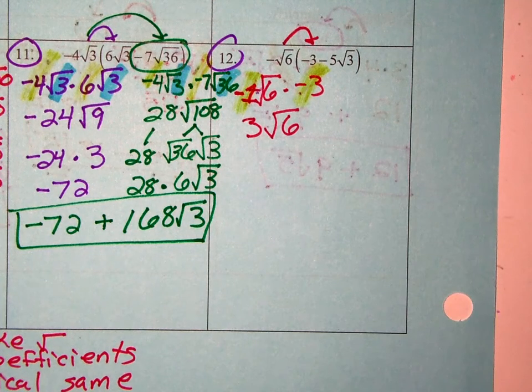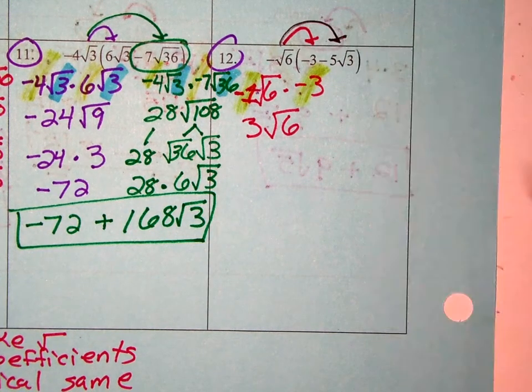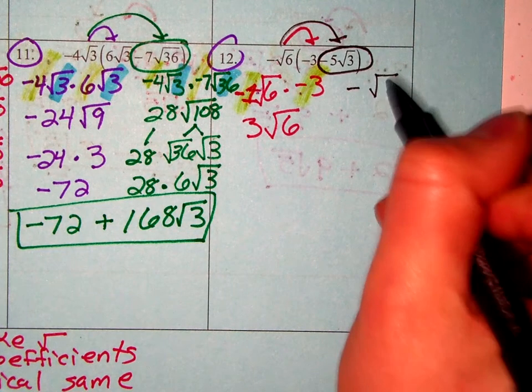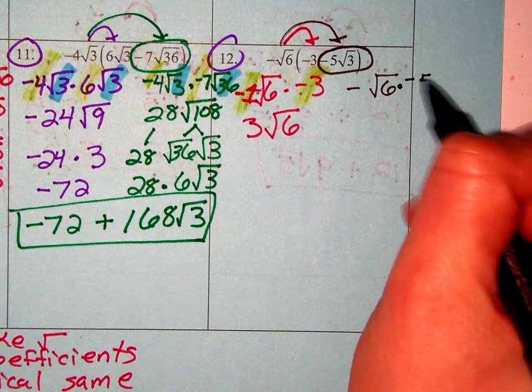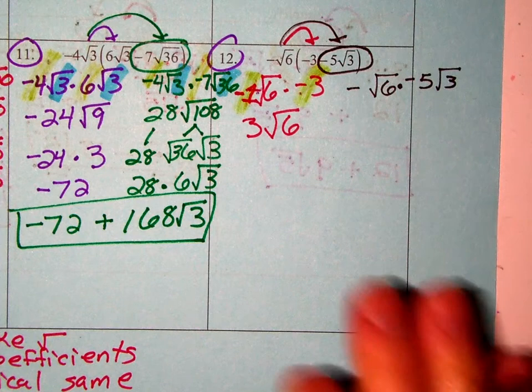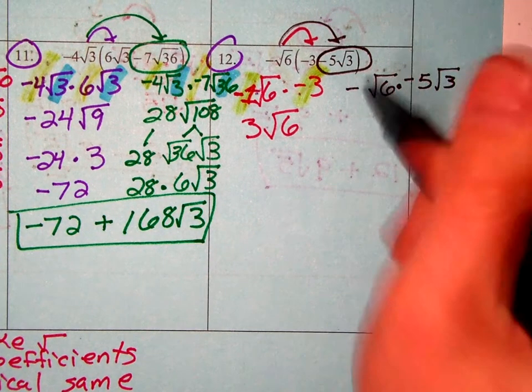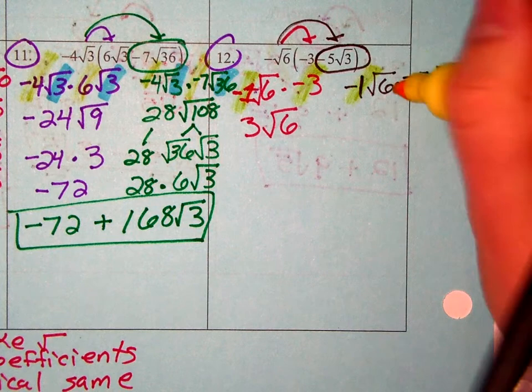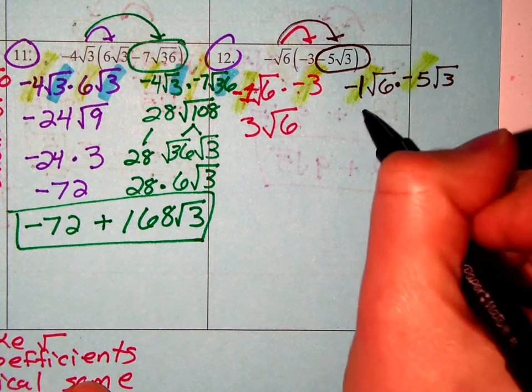Then we need to multiply and distribute to the last piece, so we're doing negative square root 6 times negative 5 square root of 3. Again, there's this negative 1 out front that we can't see, so now we're multiplying negative 1 times negative 5, which is a positive 5.